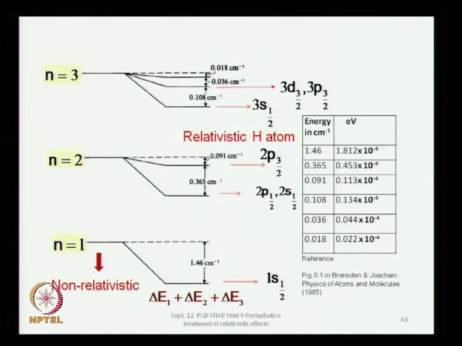The J quantum numbers are the same, which are 3/2, because this is coming from L minus 1/2 with L equal to 2, and this is coming from L plus 1/2 with L equal to 1, but they give the same J, which is 3/2. So, the energy of d 3/2 and p 3/2 is the same for the relativistic hydrogen atom, and then you have the 3d 5/2, which has a different J value. So, this is less bound than the 3d 3/2. That is because of the spin orbit interaction for L equal to 2.